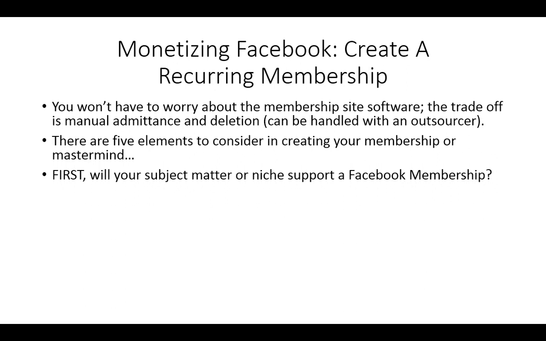Now, we're going to go over this in some detail in the next video, but you do have to think through whether or not people are going to be willing to pay to be part of a community to get information. And that really means then that the information that you are putting into this membership has to be a pain point. It has to be something that people really are looking forward to trying to accomplish.